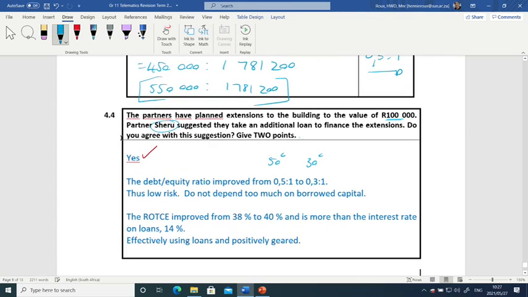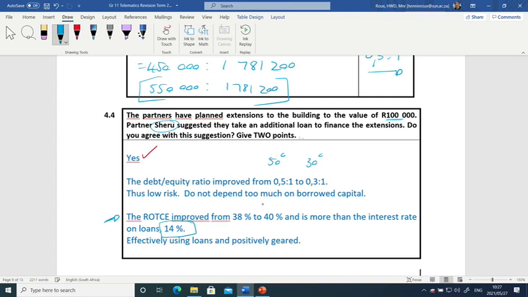The next reason that we're looking at is that grade 12 ratio, the return on total capital employed, the ROTCE. First step, what happened from last year to this year? It improved 38 to 40%. To what do we compare that? To the interest rate on loans, 14%.